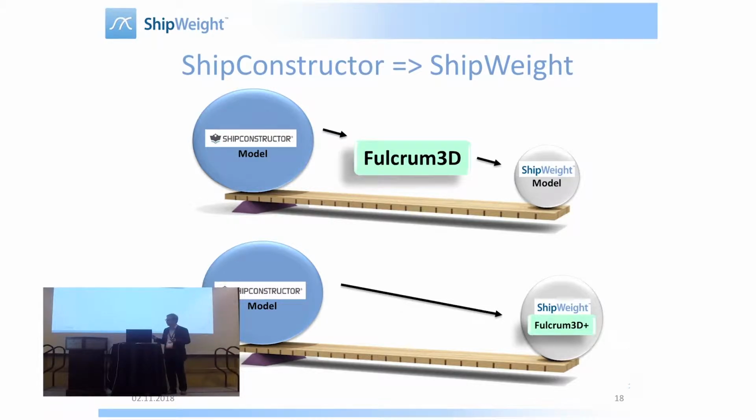So the way this works is that Fulcrum 3D will receive CSV files from ShipConstructor through the ShipConstructor Publisher LT. And in the Fulcrum 3D tool, you would be able to set boundaries. You could define items, so instead of seeing a list of a lot of small items, you can see one line with a number of the items. And you can define assemblies.